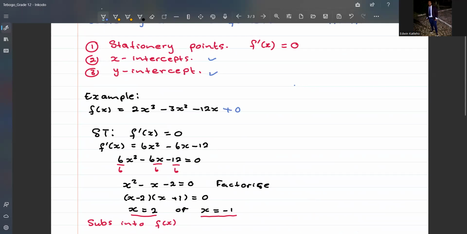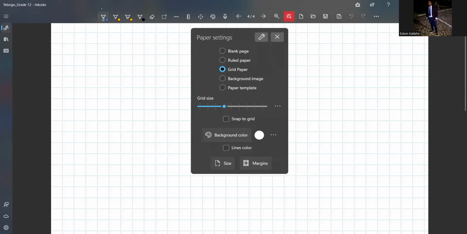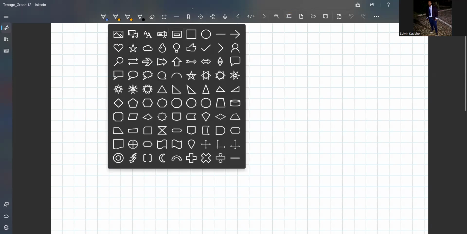Today I'm going to try and draw as accurate a graph as far as I can. I'm going to use a grid here. All right. So I need my Cartesian plane so that I can draw the function.